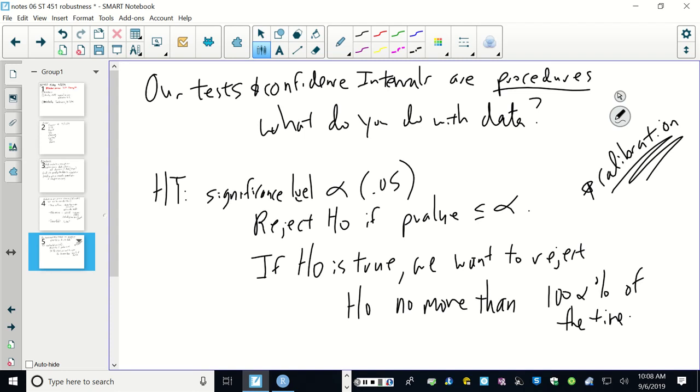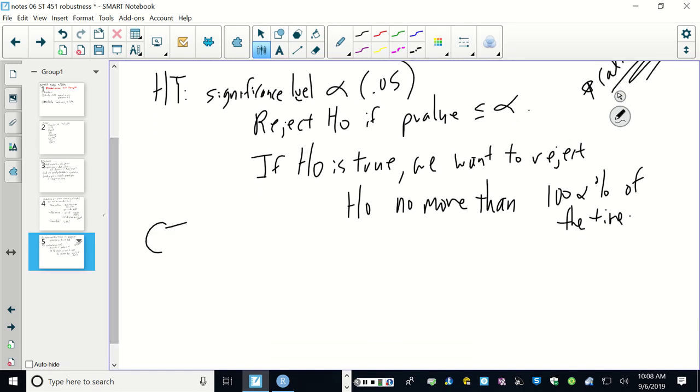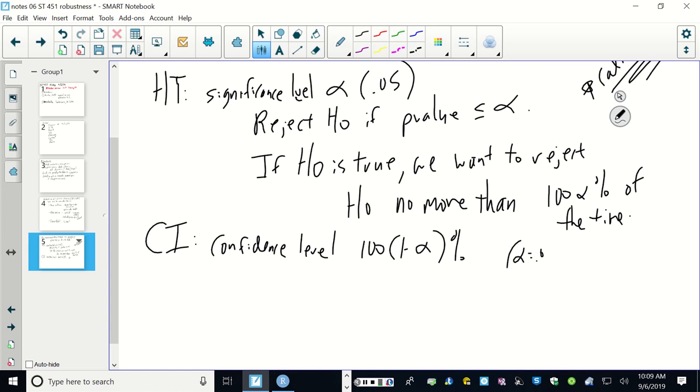Right? For a confidence interval, or CI, you have a similar corresponding thing: confidence level, 100 times 1 minus alpha percent. So if alpha is 0.05, this would be a 95% confidence interval. Write the notes, right? Well, we're aiming for the population value, right?